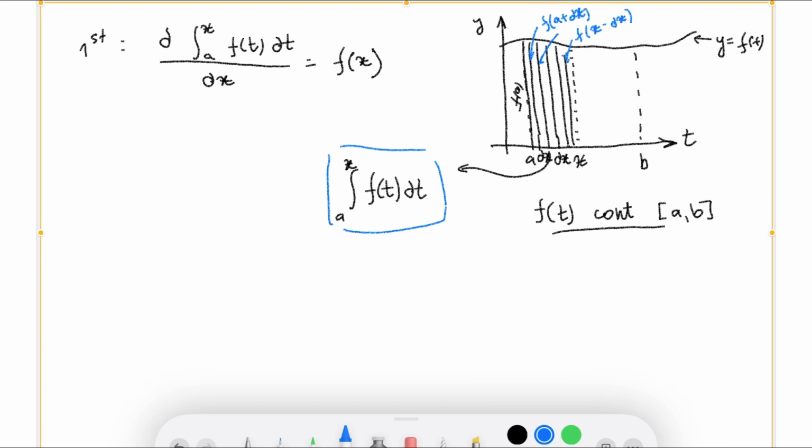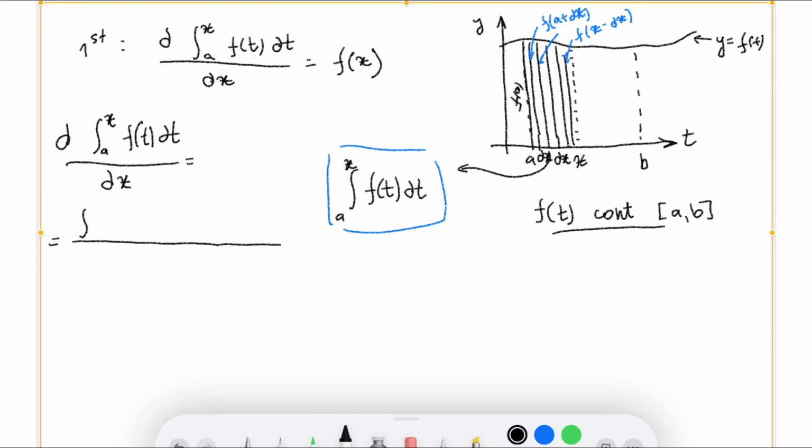And now let's think what happens when we try to derive it. So we have our integral derived with respect to our variable x, and we have to write in our numerator the change in our integral function when there is a small change in x, and this small change in x is dx.